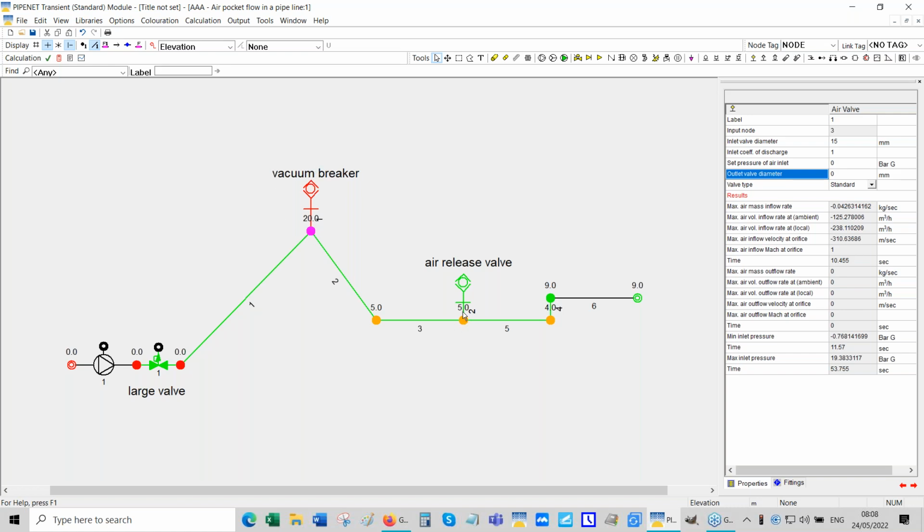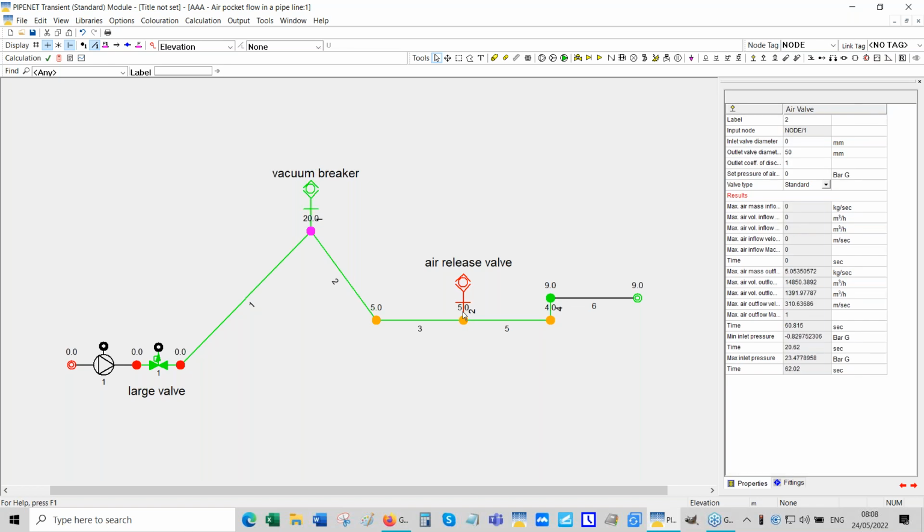On the other hand, if you look at this valve, that again is an air valve, you can see here. And that has an air inlet of 0 and outlet of 50 millimeters. So this is an air release valve, which can only allow air to go out. It cannot allow air to come in.